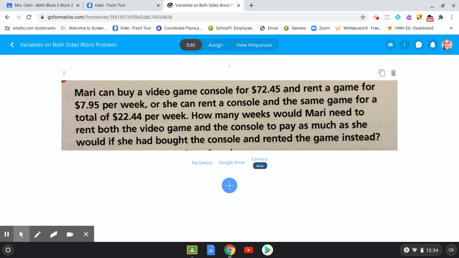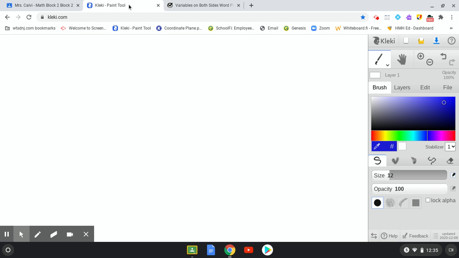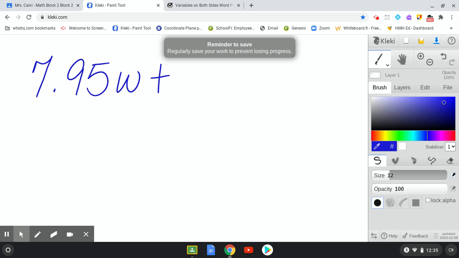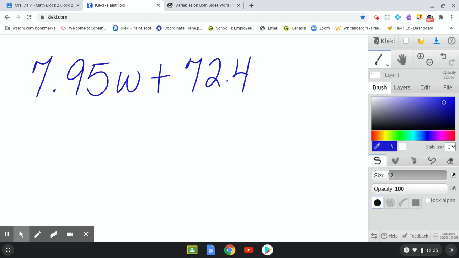So we have two different options here. Mary has two different options. She can buy the video game console for the $72.45 and rent a game for $7.95 per week. That's one option. So let's go ahead and write that down first. So she has an option of the game rental of $7.95 per week plus the cost of the console itself, which was the $72.45.